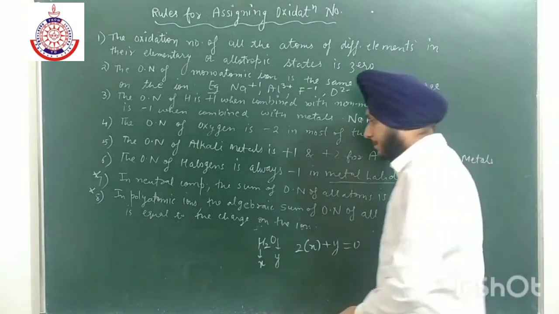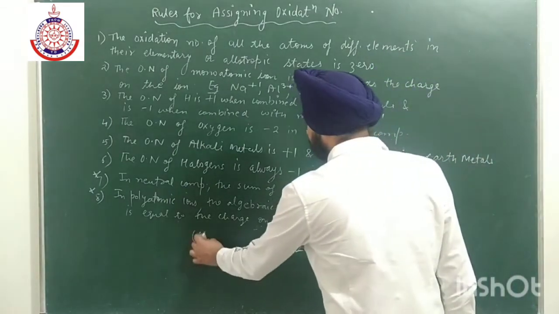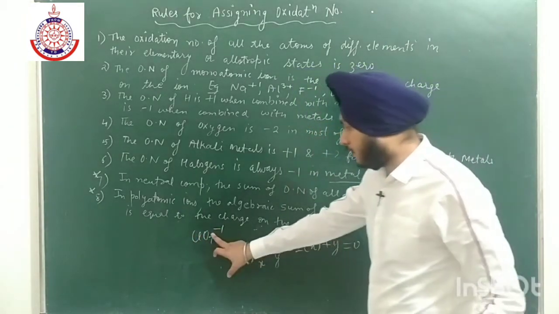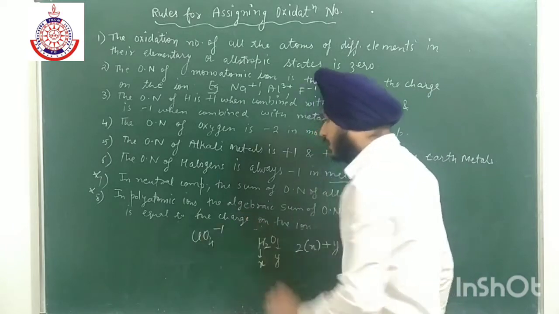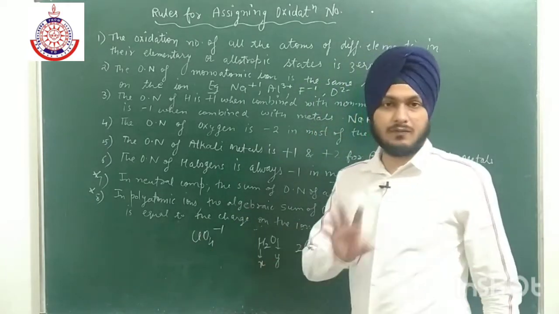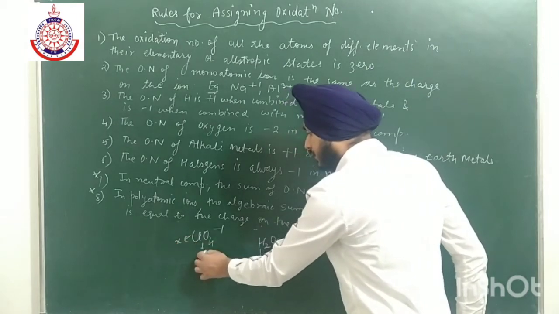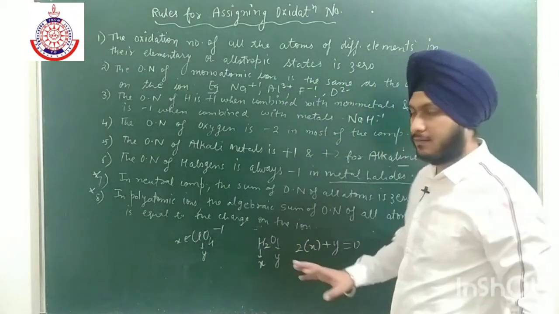For example, take ClO4 minus 1. The oxidation number of chlorine is taken as x and the oxidation number of oxygen as y, for example.